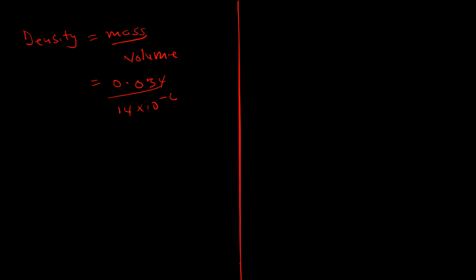And we know density to be mass over volume. So we had the mass to be 0.034 and the volume to be 14 times 10 exponent minus 6.